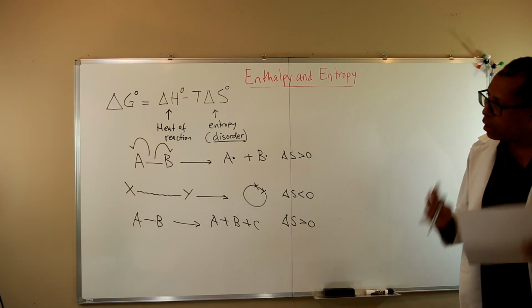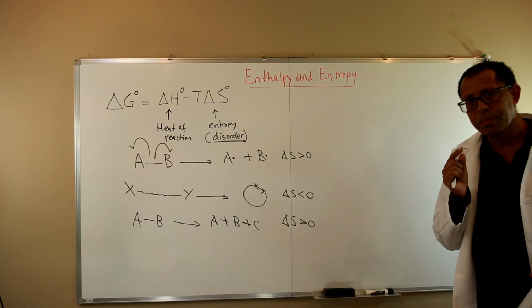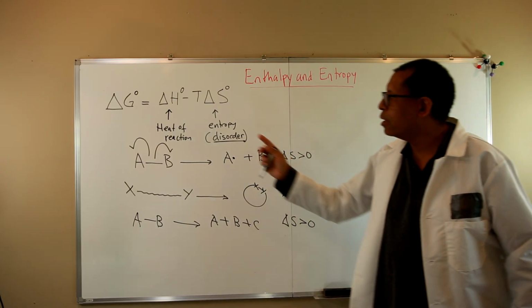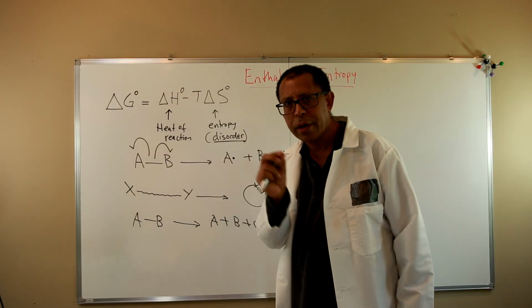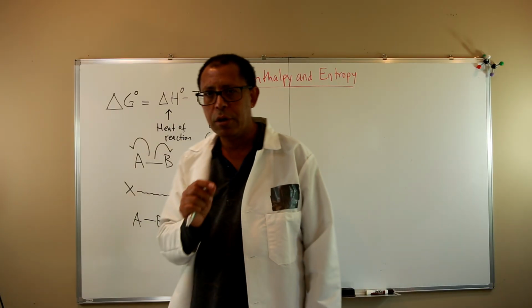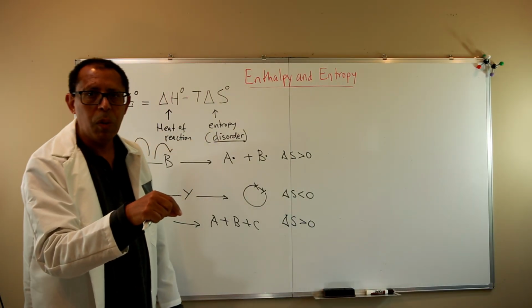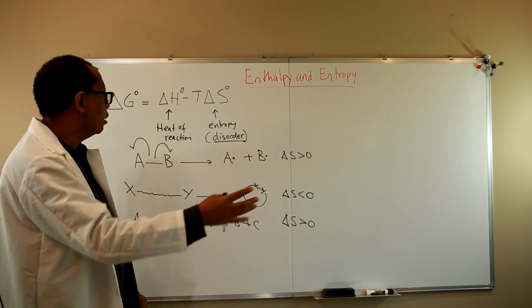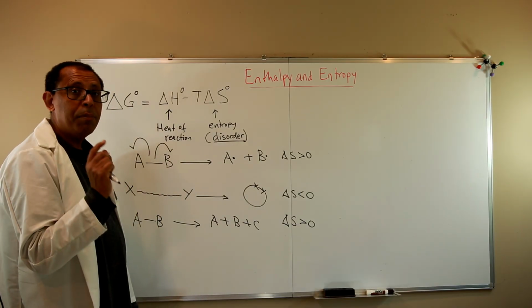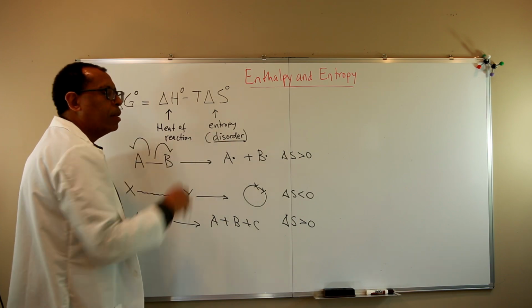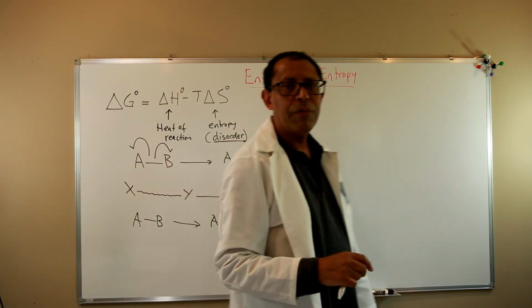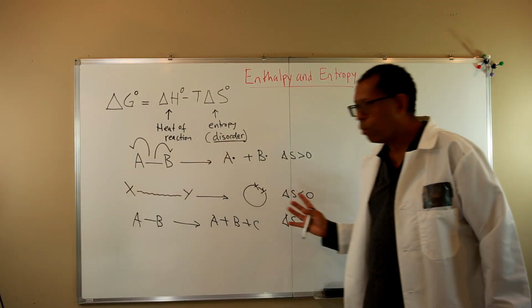So the energy of a reaction is a contribution of enthalpy, the heat of a reaction that either you need to put in, or the heat that is being given off, plus the effect in terms of entropy that the reaction would produce.